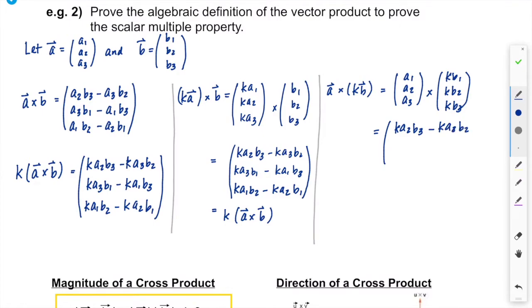Ignore the middle row: A3 times KB1, KA3B1 minus KB3 times A1, which is the same as KA1B3. And then ignore the last row: I have KB2 times A1, so KA1B2 minus A2 times KB1, so KA2B1. And of course, this is also the same as K times A cross B. So we have proven the scalar multiple property.